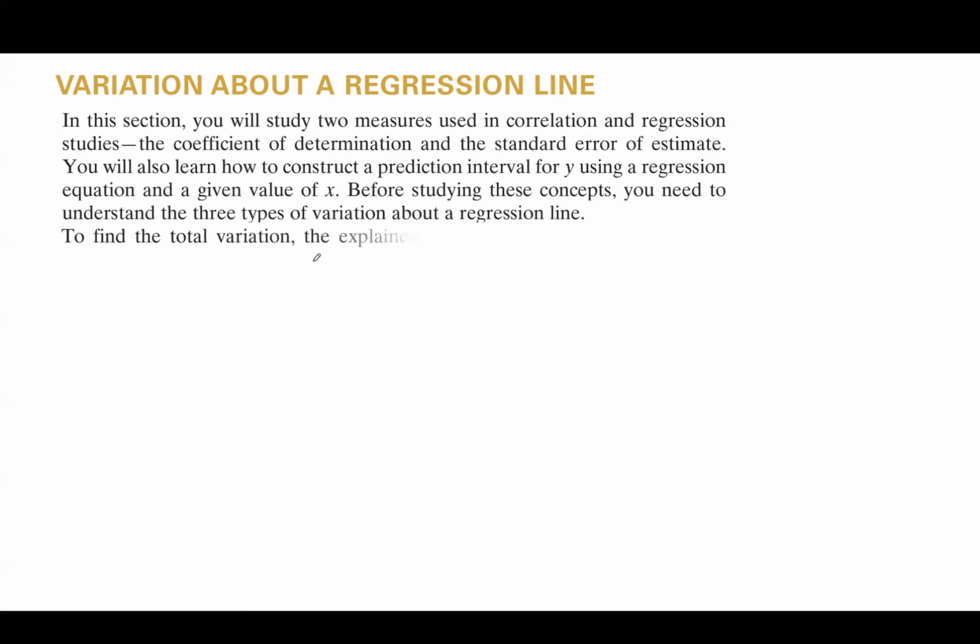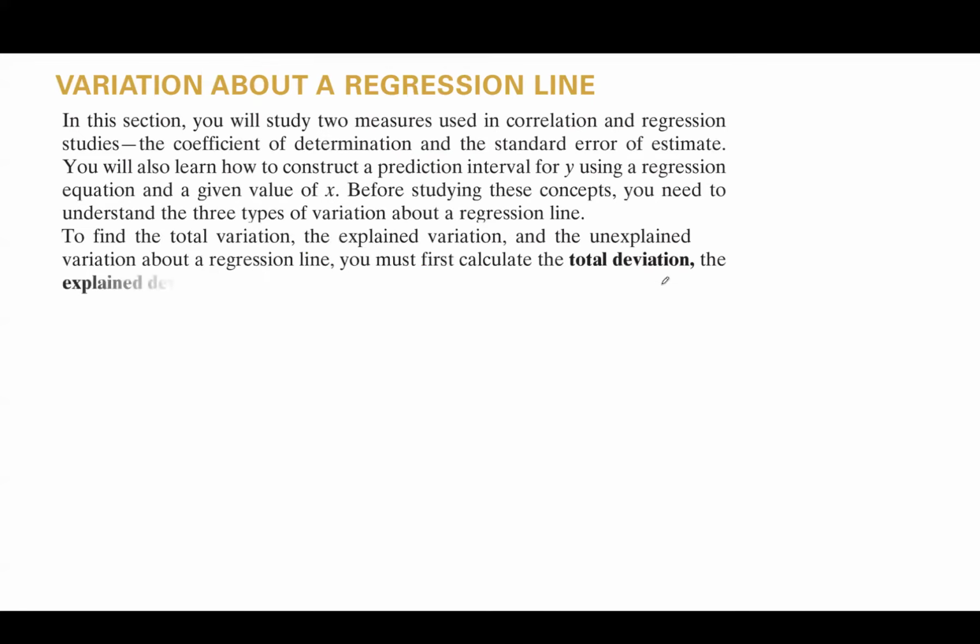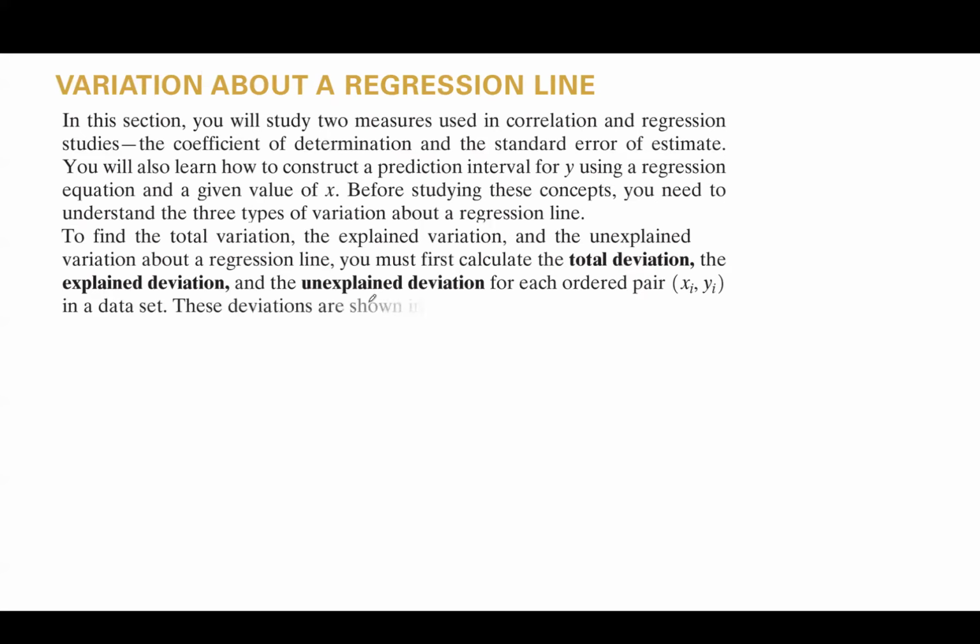To find the total variation, the explained variation, and the unexplained variation about a regression line, we must first calculate the total deviation, explained deviation, and unexplained deviation. We're going to use deviations to calculate variations. Total deviation is the difference between the observed y value and the average y.